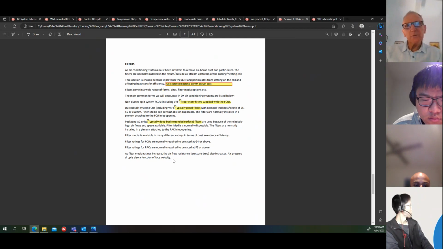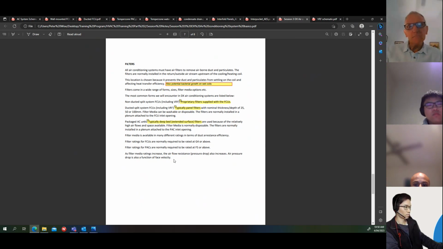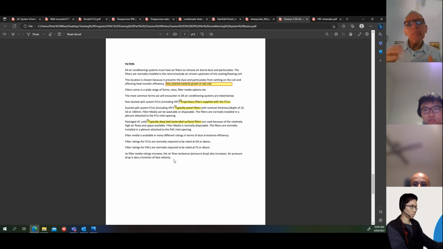So you never want to go over 2.5 meters a second if you can avoid it. But they take up a lot of space as well. Sometimes a design brief will require a lower face velocity, say 1.8 or 1.5, which is reducing the pressure drop, but it's increasing the space required to fit the filters in.